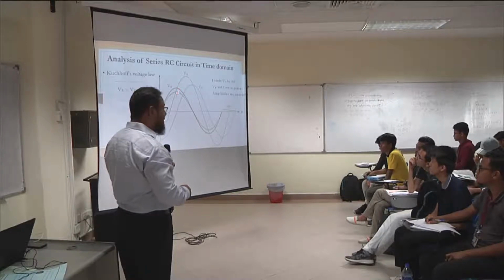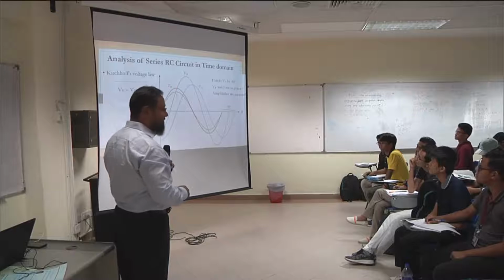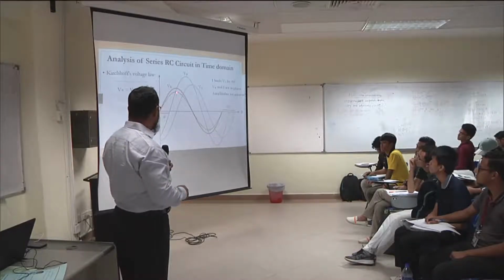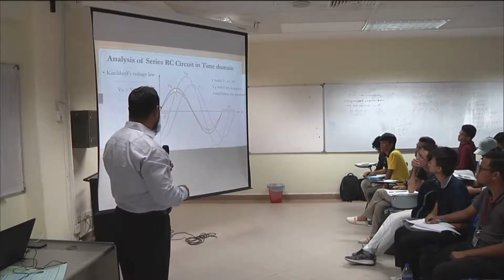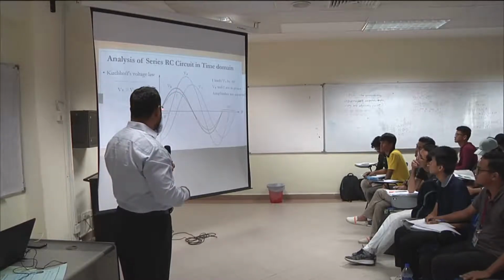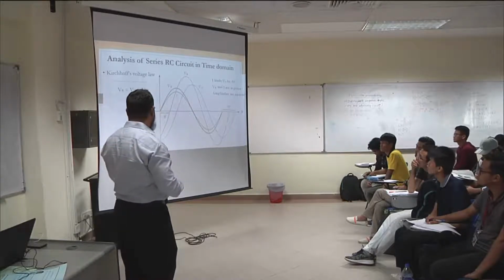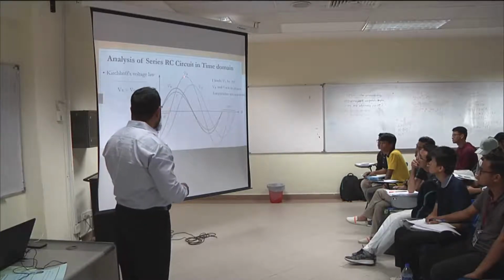Okay, so VR, obviously the voltage across the resistor, is in phase with the current, and that's what you see. Of course it will be a different magnitude, but it's in phase. It's starting at the same time, going to the peak at the same time, and coming back to 0 at the same time. All right, what about the source voltage?